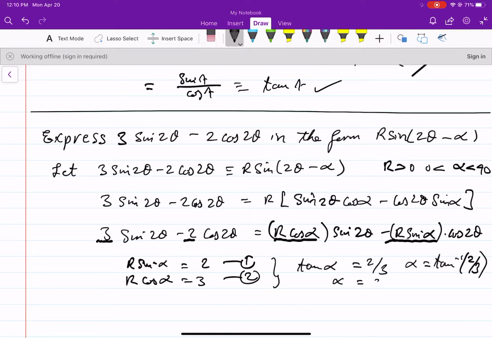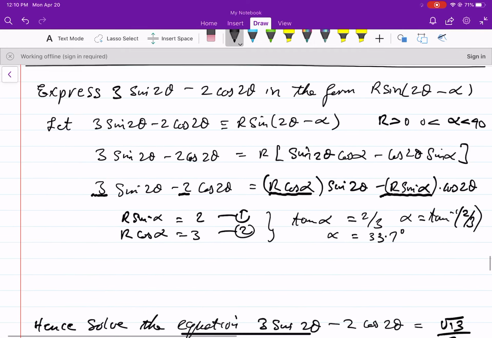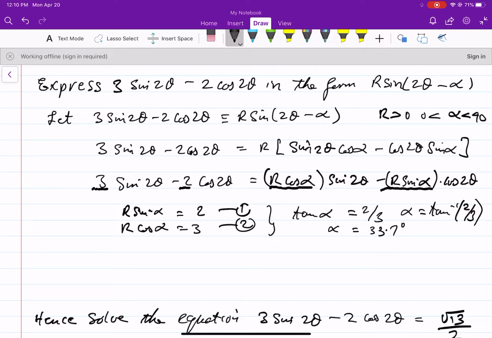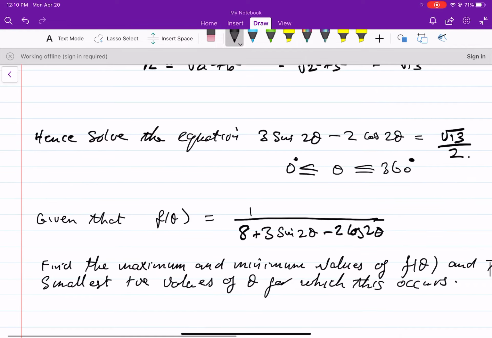Alpha is equal to 33.7 degrees. R can usually be found from the square root of a squared plus b squared, which is the square root of 2 squared plus 3 squared. 9 and 4, 13. Square root of 13. I'll leave it as a surd value for now.